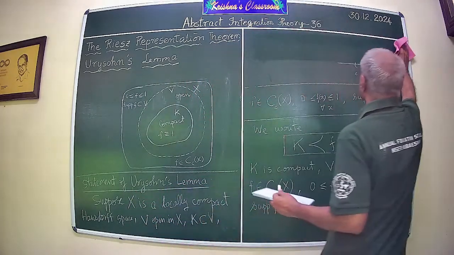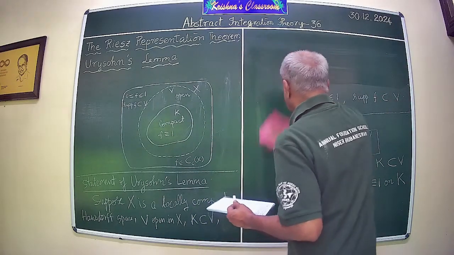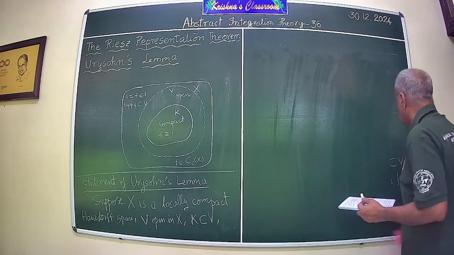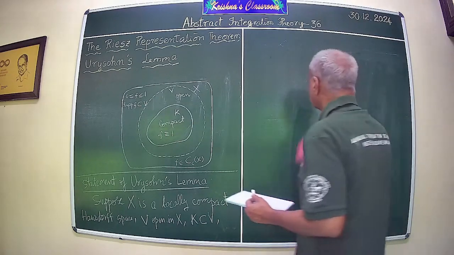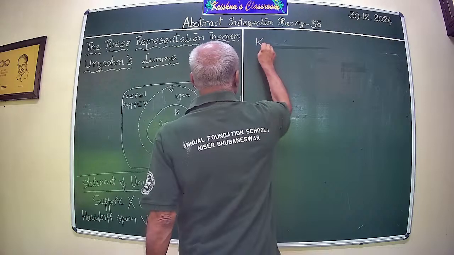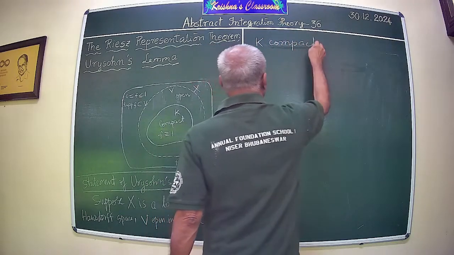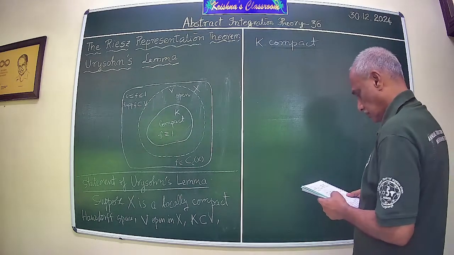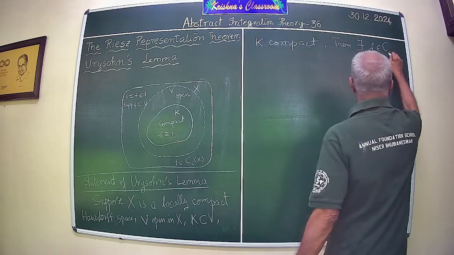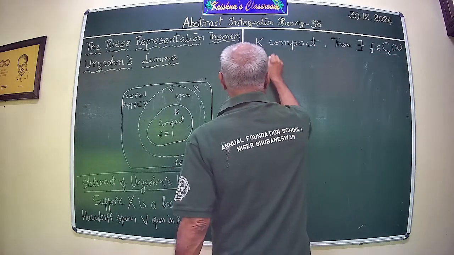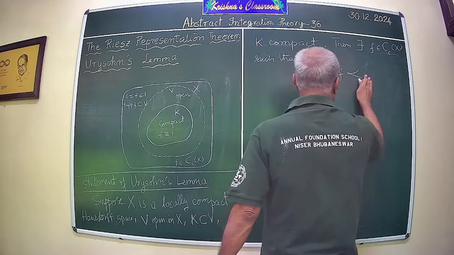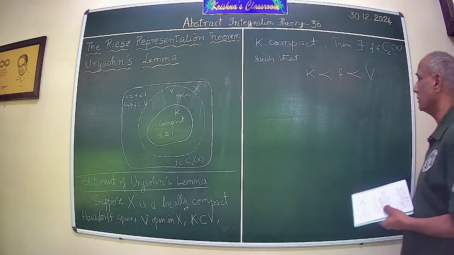Then there exists an F belonging to C_c(X) such that K ≺ F ≺ V. So this is the statement of the theorem.